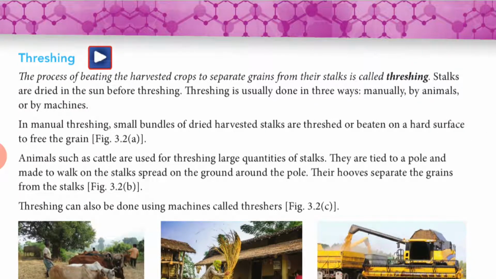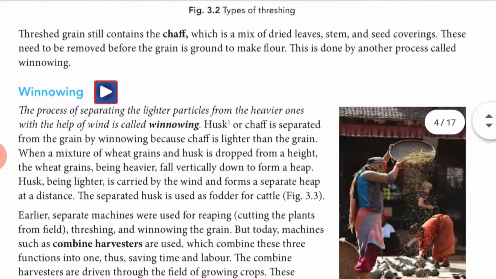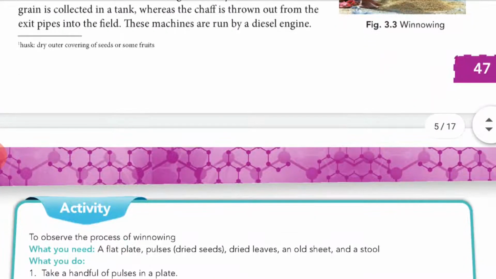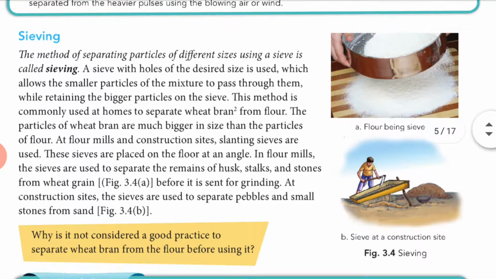Then we discussed the threshing process. Then it was winnowing. Both these processes are only for agriculture. Most of the time both processes are useful for agricultural products.